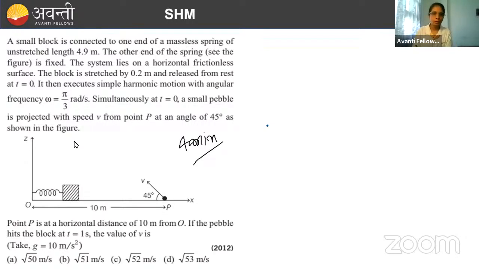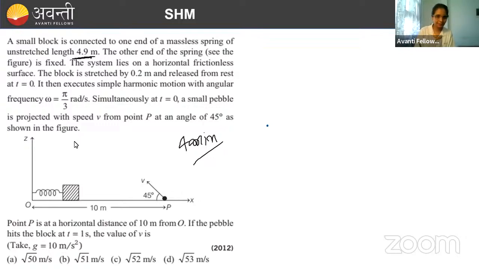Okay, done. So you need more time. Okay, let's read the question. A small block is connected to one end of a massless spring of unstressed length 4.9 meter.